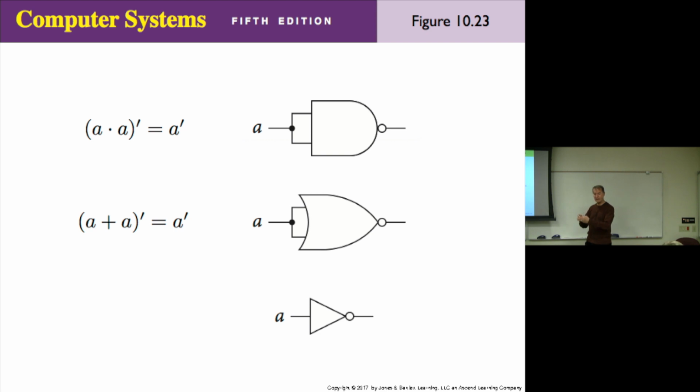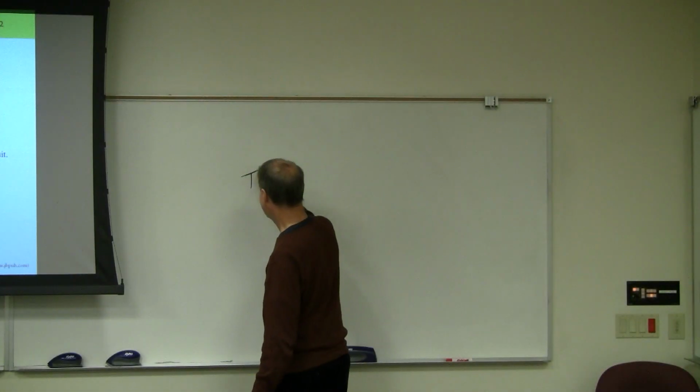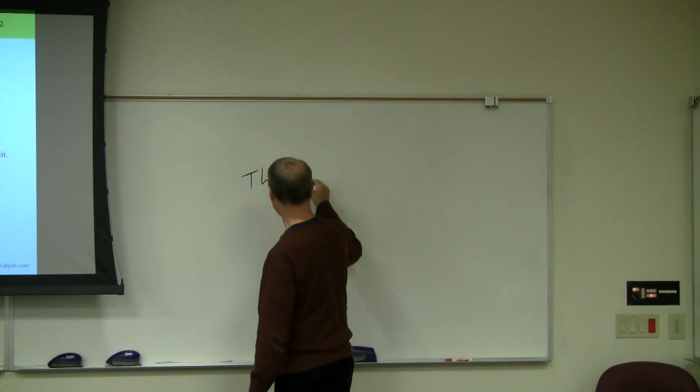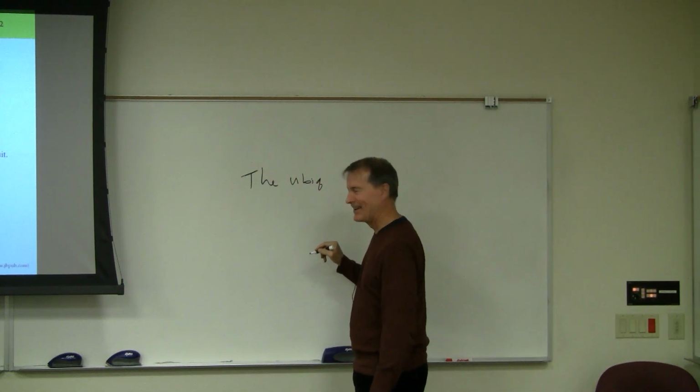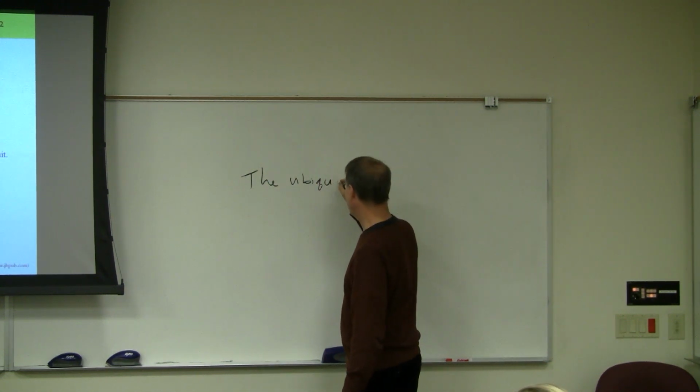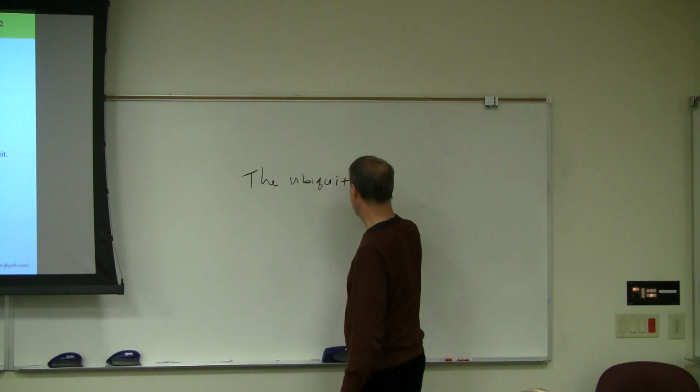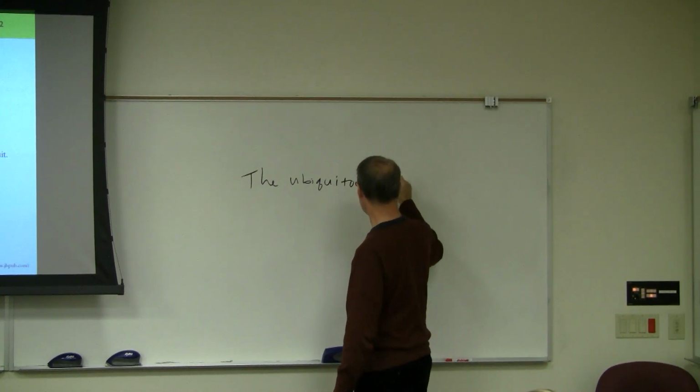And furthermore, an inverter can just be made with a NAND. So there's this phrase. It's called the ubiquitous NAND.